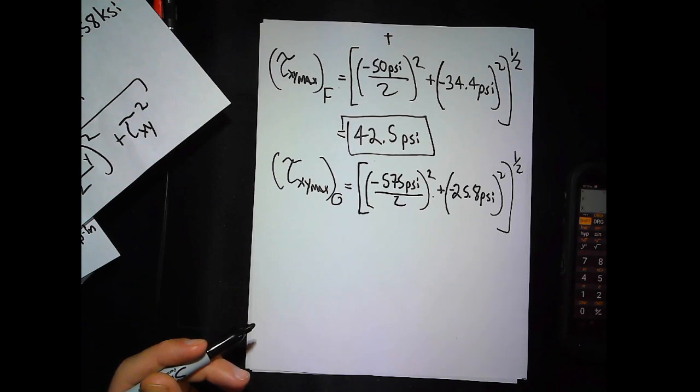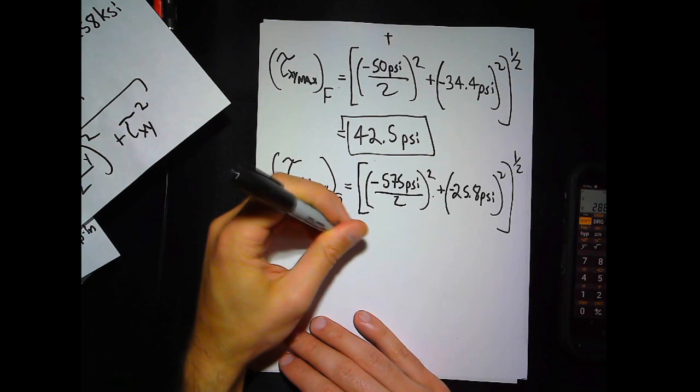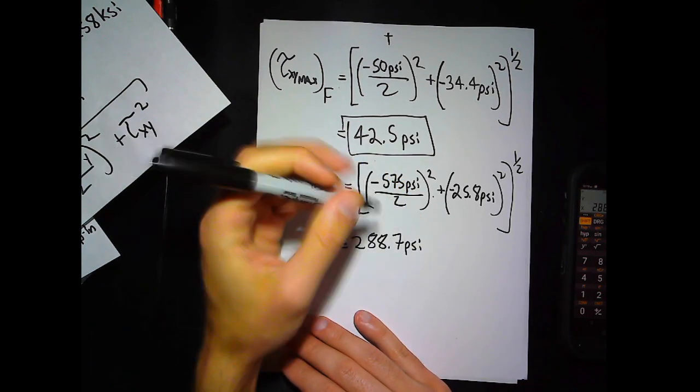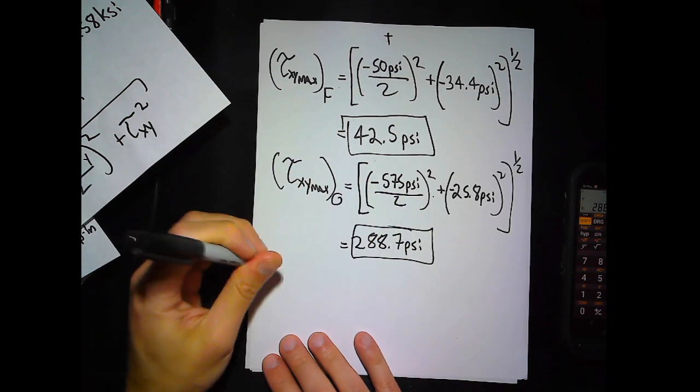Oops, typed that wrong. 575 over 2, 25.8, square. That should get us like 288.7 psi. So that's maximum shear stress at point G.